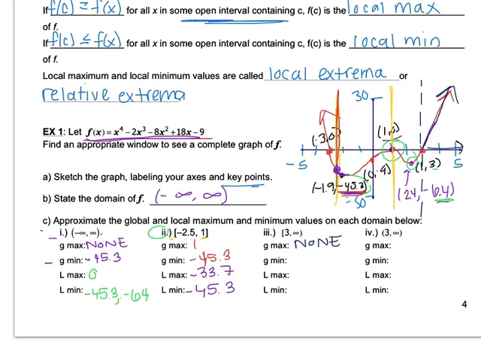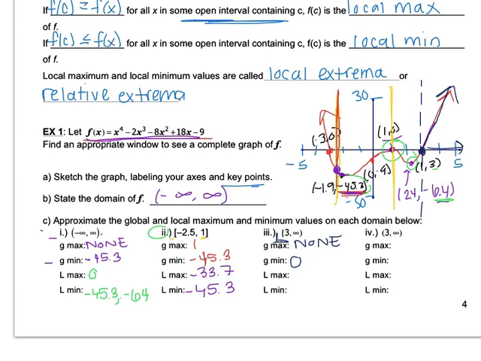The global min would be the y value that's absolutely lower than any other y value on that interval. It's important to note that we are including 3, so we are including this point (3, 0) in our domain, which means that we can include the minimum of 0. That's the absolute lowest y value on that interval.